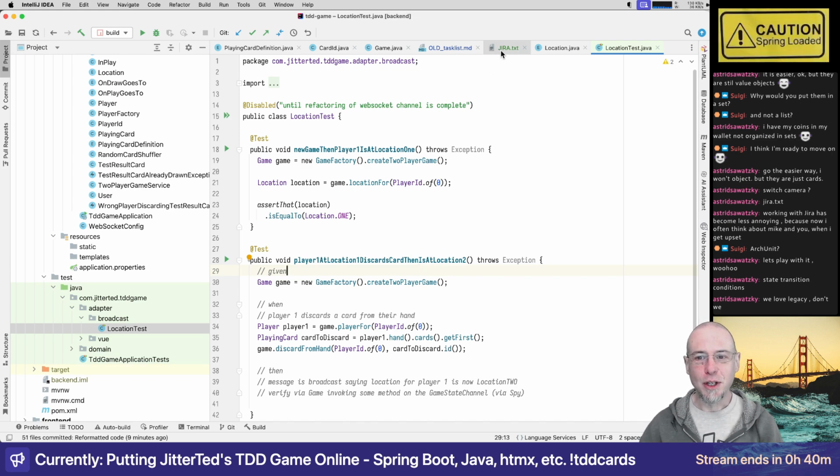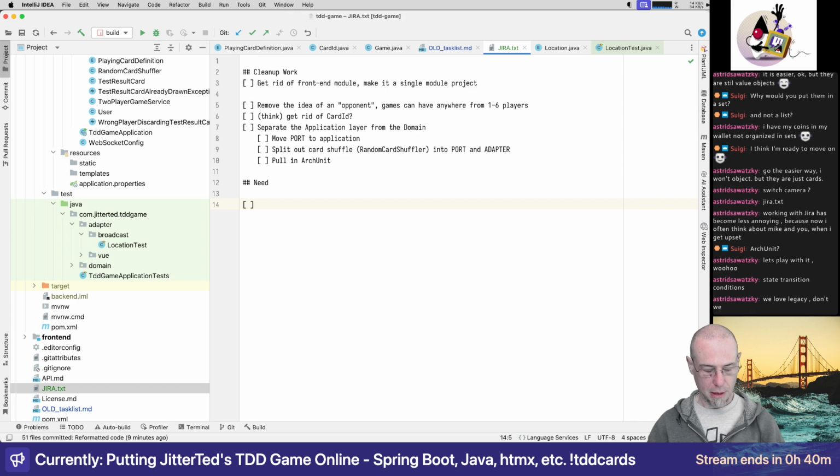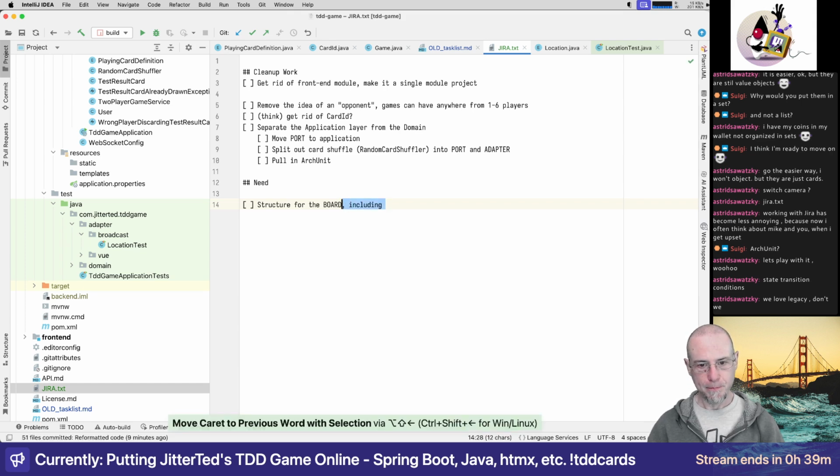All right, so what do we need? We need a way to structure the board, including tiles.